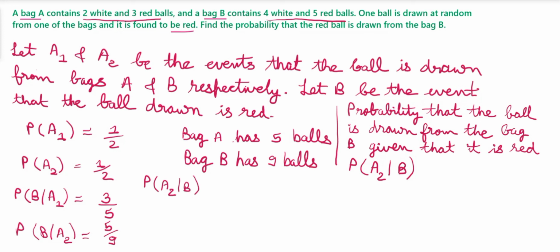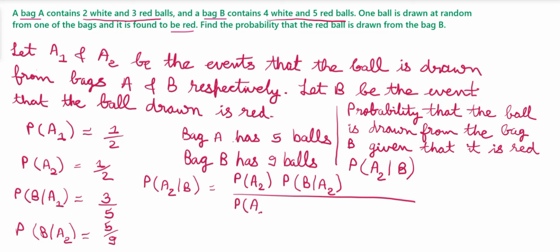Now we have to just use the formula, which is P of A2 given that B is equal to P of A2 into P of B given that A2, whole divided by, here we'll have to take the summation, which is P of A1 into P of B given that A1 plus P of A2 into P of B given that A2.